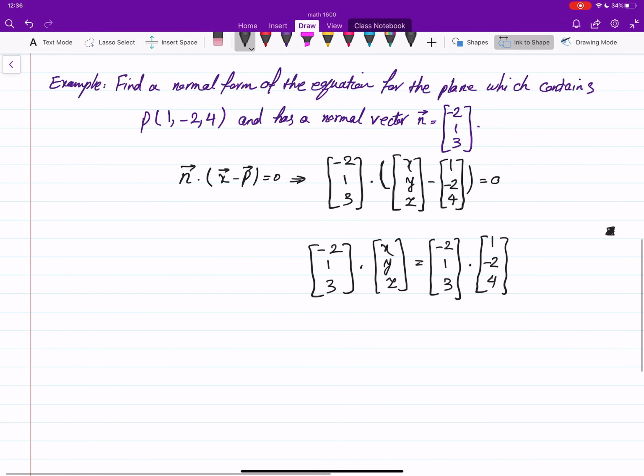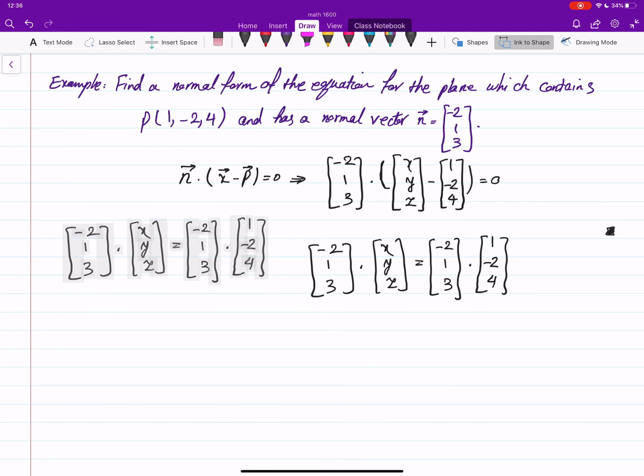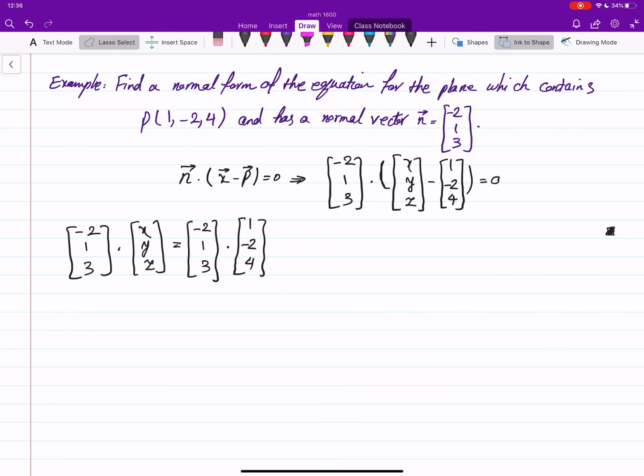So we can perform this dot product here, and as a result we will get negative 2 times x plus 1 times y plus 3 times z is equal to negative 2 times 1 plus 1 times negative 2 plus 3 times 4.